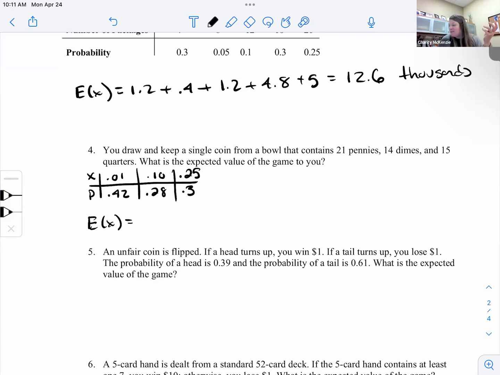Let me see what I did wrong. I did not get the right answer. Hang on, when I put it in my calculator, I got 0.5822.